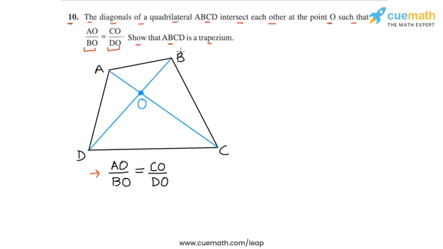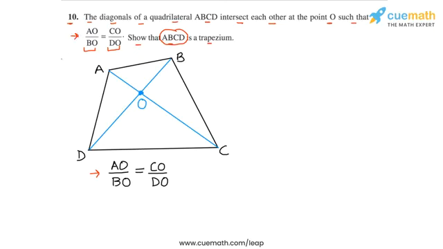Okay, so this problem is basically the converse of the previous problem of this exercise, question number 9. If you have not done that problem, I would recommend that you first go through that problem before you proceed with this one. In that problem, we were given that ABCD is a trapezium with AB parallel to DC, and we had to prove this equality of ratios, that AO by BO equal to CO by DO.